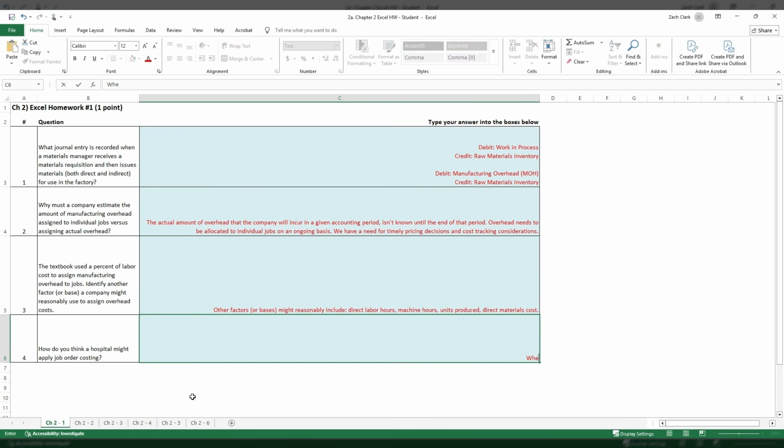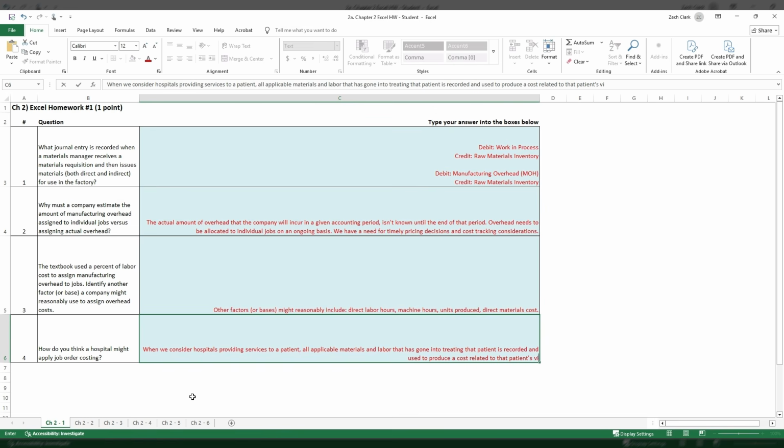When we consider hospitals providing services to a patient, all applicable materials and labor that have gone into treating that patient are recorded and used to produce a cost related to that patient's visit.